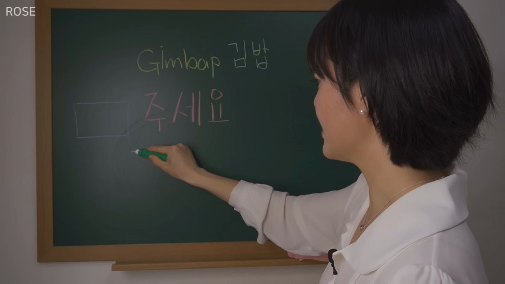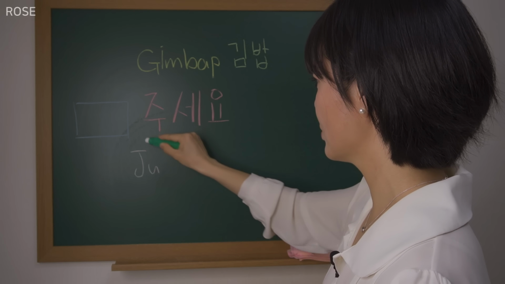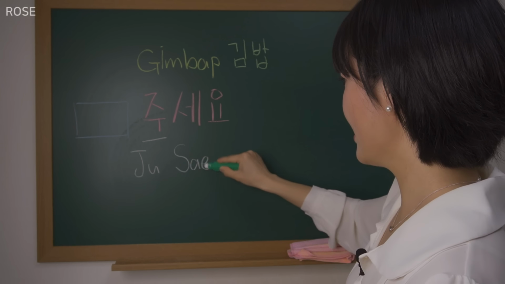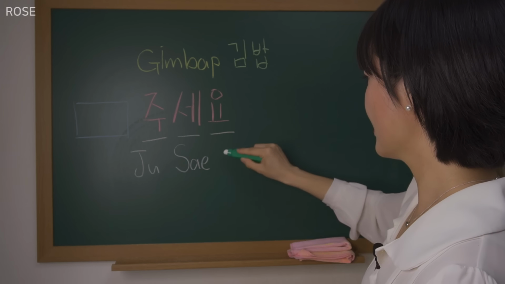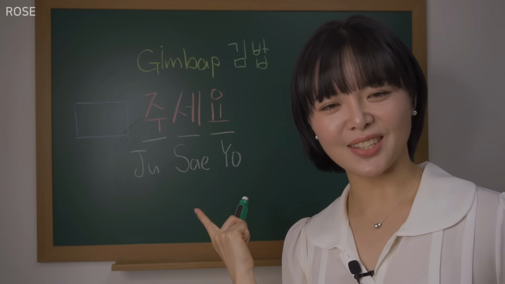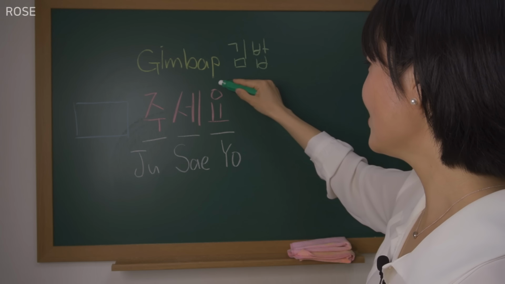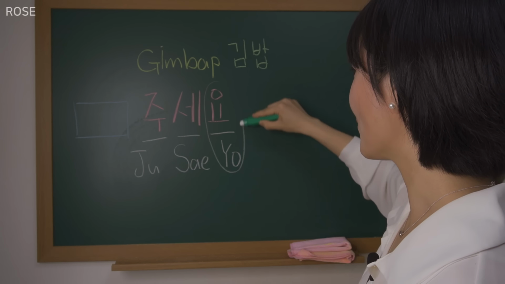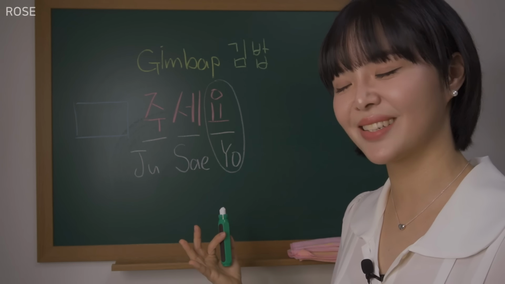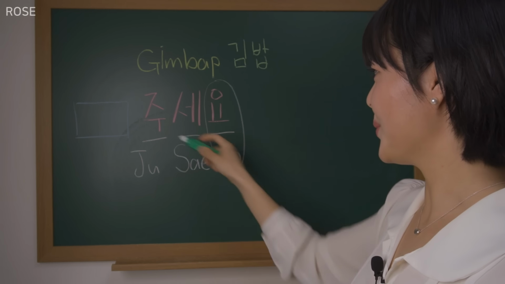So it's easy. 주. 세. 요. Now you learned it earlier, right? You can notice that yo, this part, just makes the phrase polite. 주세요.